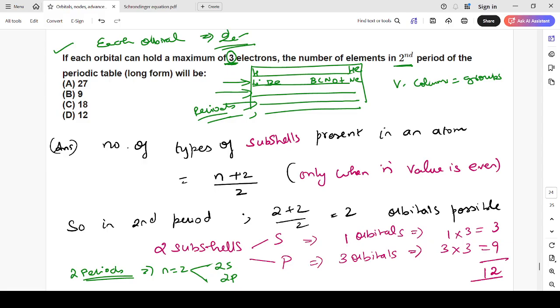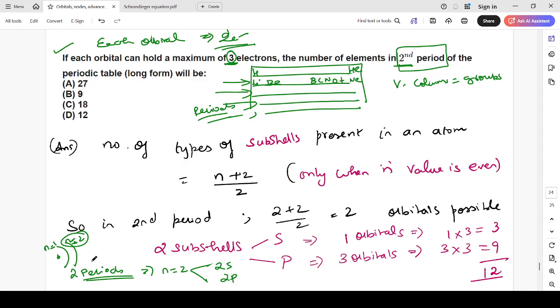Nitish and Kavish, can you hear me? Yes, ma'am. I'm discussing the second period. By second period, I mean n is equal to 2. Second shell corresponds to second period.